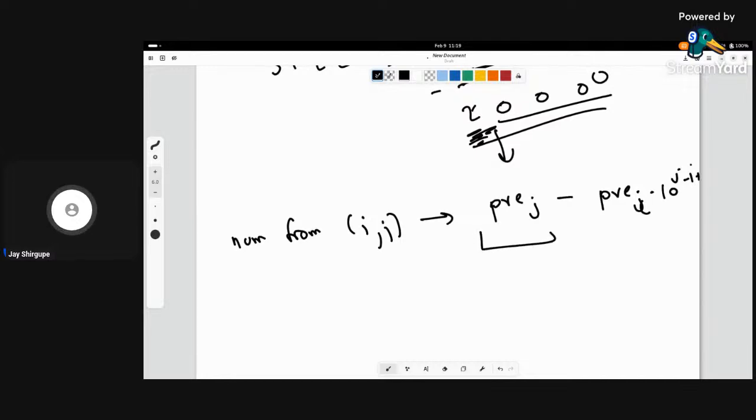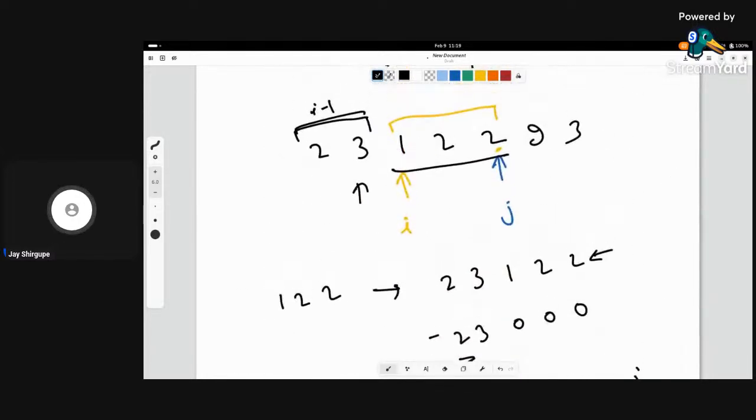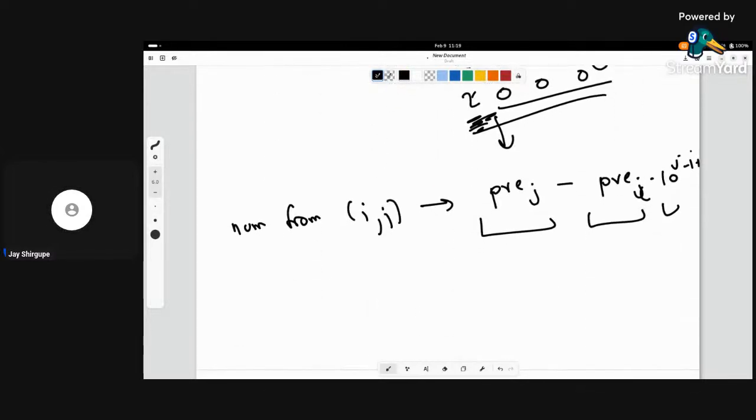Basically that's how you can represent this, where prefix is the number that's formed when you start from the beginning and go up to i. The prefix of j is fixed, and the prefix of i you can pre-calculate.